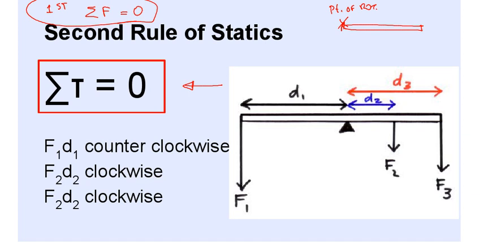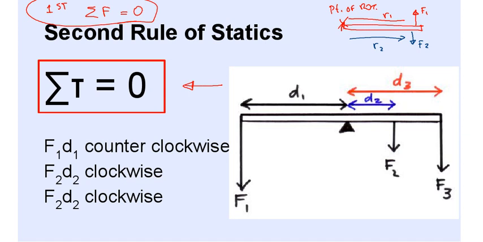Let's say that I'm trying to push the door open this way. So I've got some amount of force right there at some distance, R1, and you're trying to push the door the other way, F2 at some distance, R2 from the point of rotation. Then in order for the door to remain static, those two torques have to cancel out.